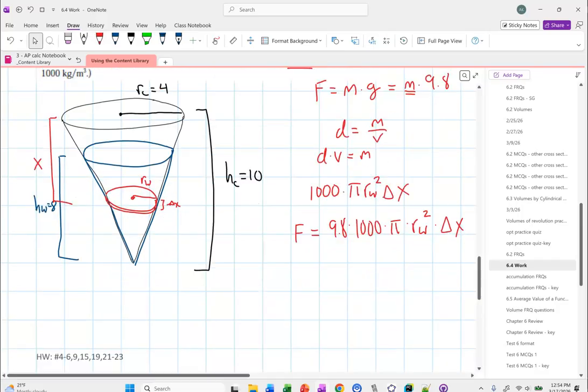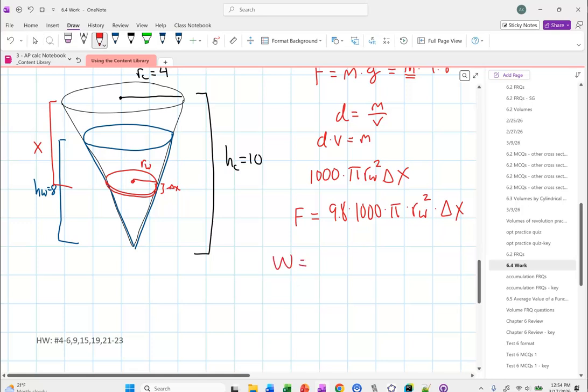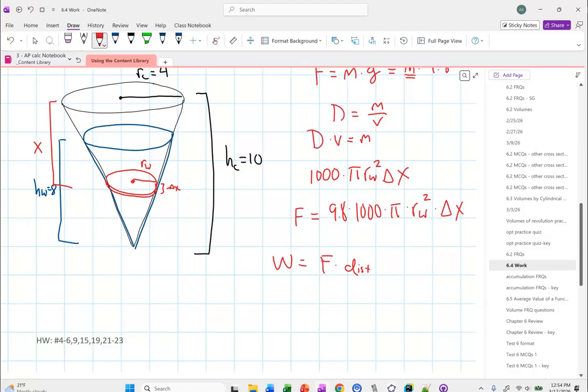And then my distance that we're going to be moving is going to be this x. Maybe I should make this capital D for density, and I'll use lowercase d for distance. Everybody okay with that?